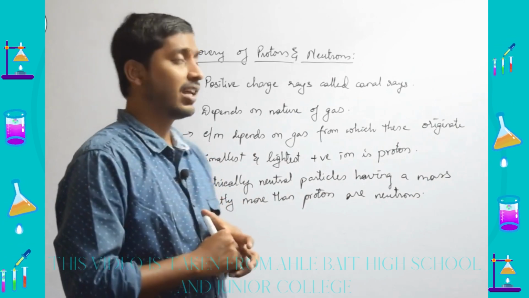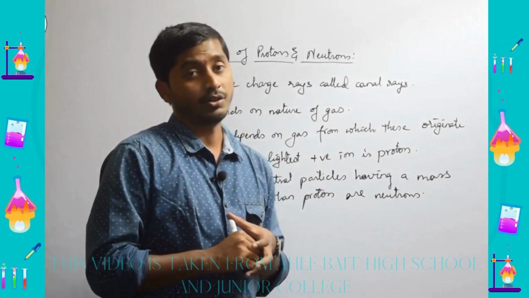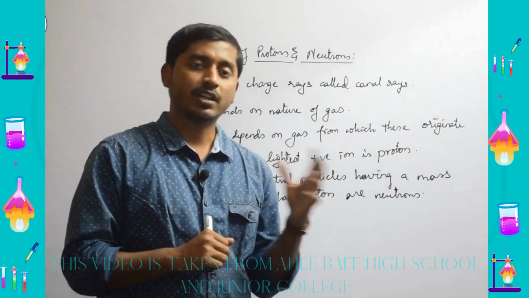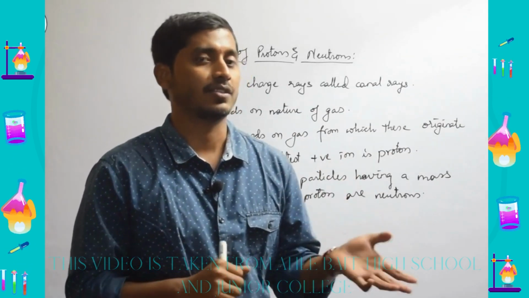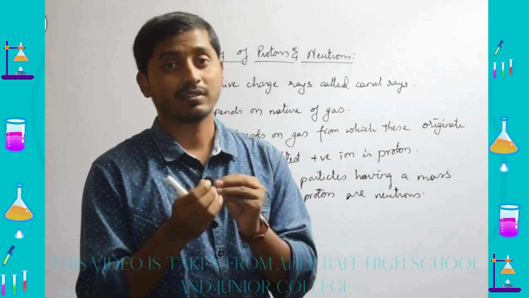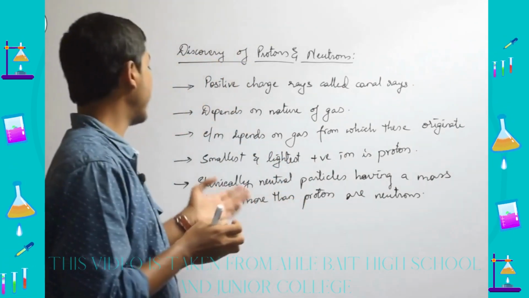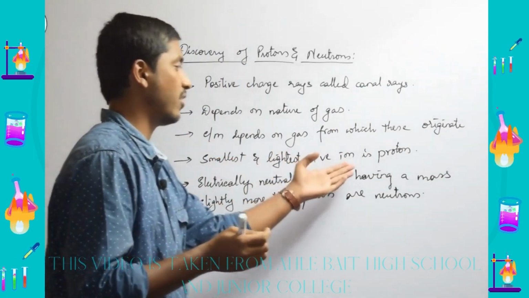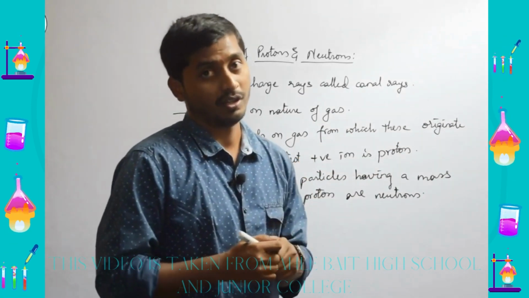And there is one more thing, that is the neutron, right. Is it clear? What is an electron? A negatively charged particle is called an electron, and the smallest positive charge, or else we can define it as the smallest and lightest positive ion, can be called a proton, right.